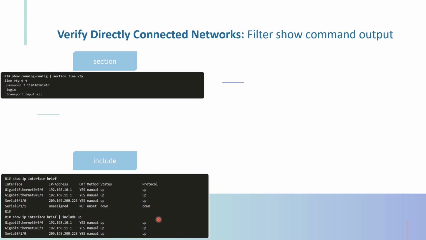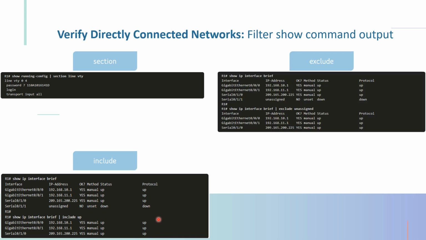Another filter is exclude, which excludes all output lines that match the filtering expression, as it is shown here. By using the show IP interface brief, this will be the information. And if we do the filtering as show IP interface brief followed by a pipe and then exclude unassigned, this will be the information that we will have.